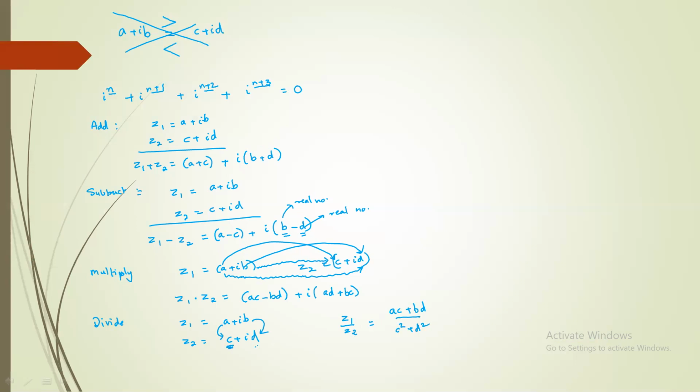Whereas with i common, in the imaginary part you will have bc minus ad, and the denominator will be the same, that is c square plus d square.